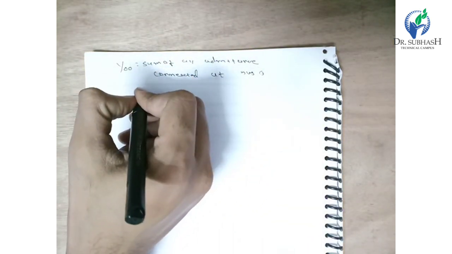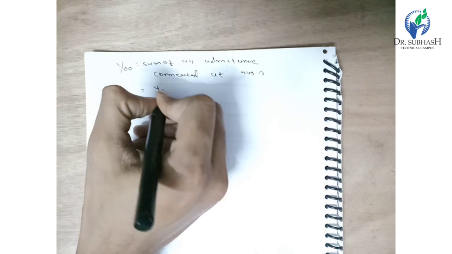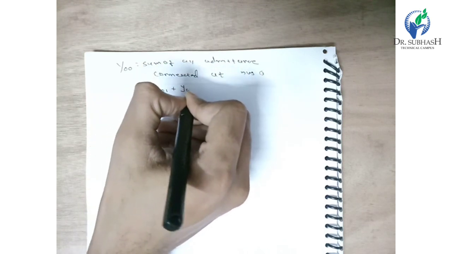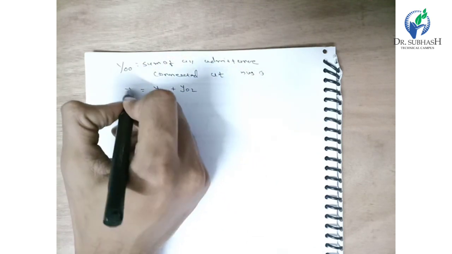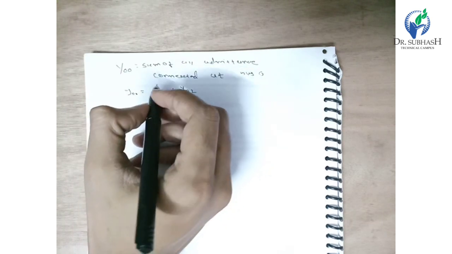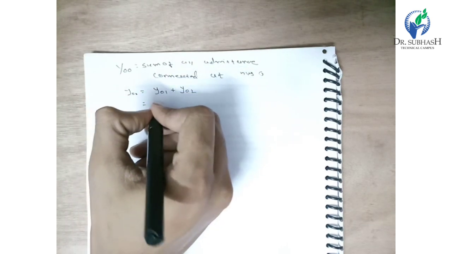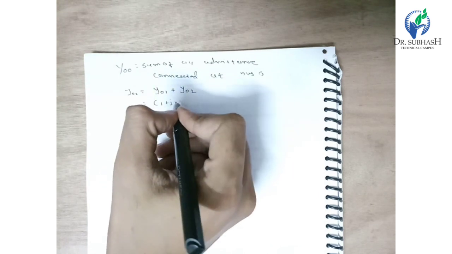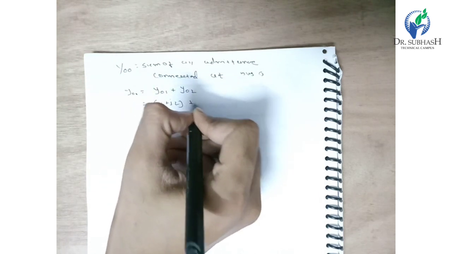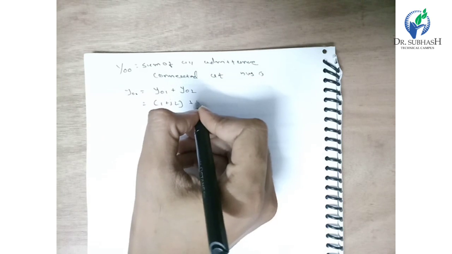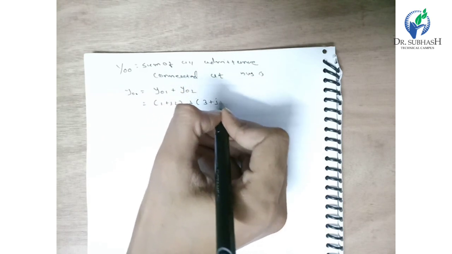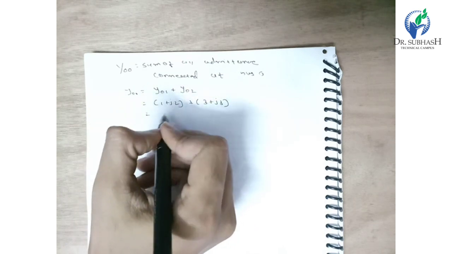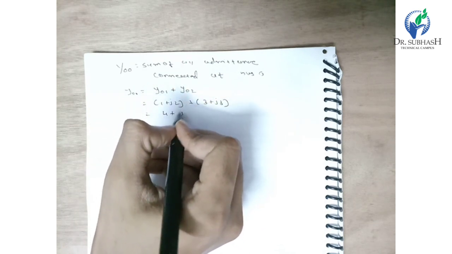So we can write y00 is equal to y01 plus y02, which is 1 plus j2 plus y02, the value 3 plus j3. So the output of this equation is 4 plus j5.